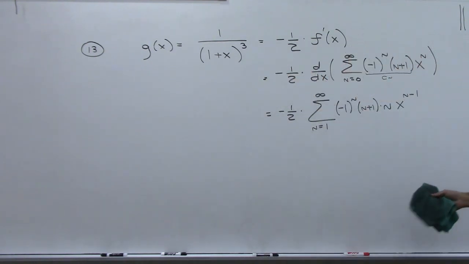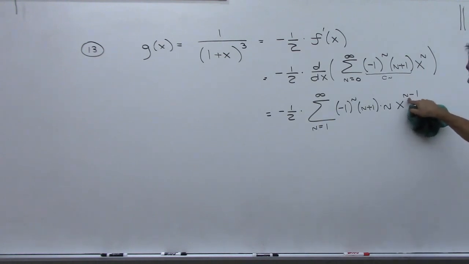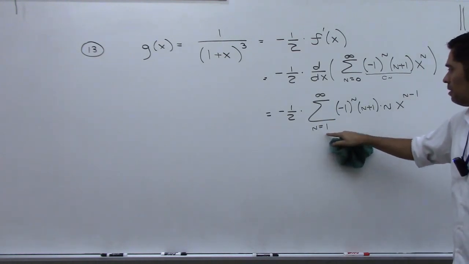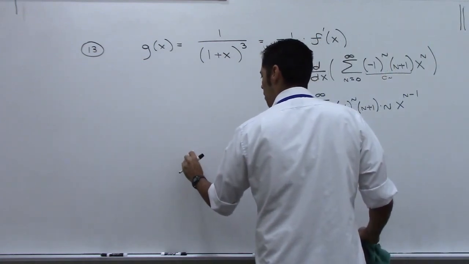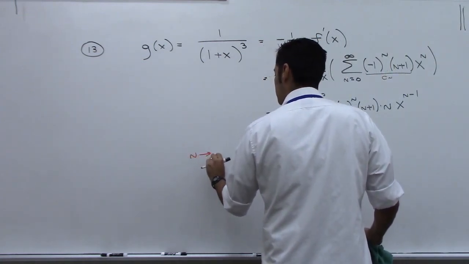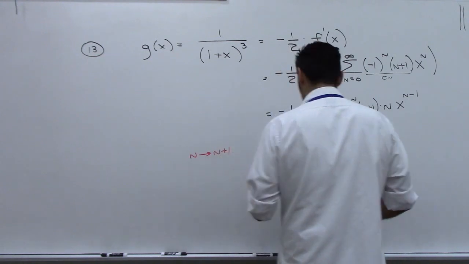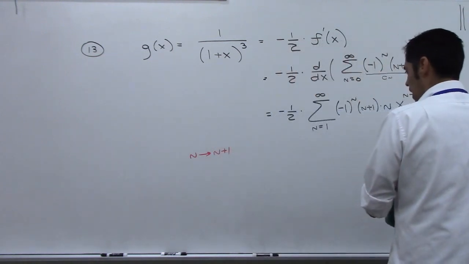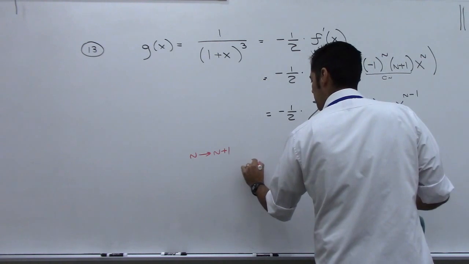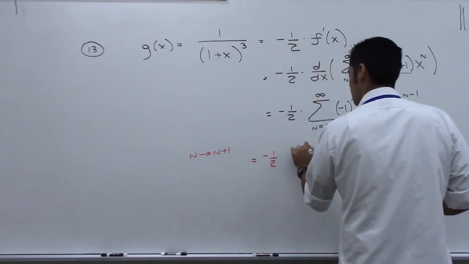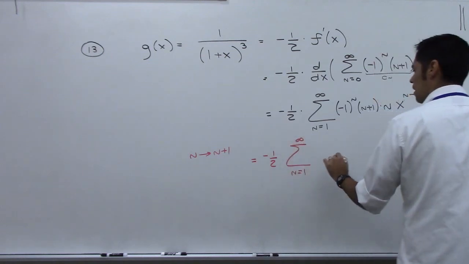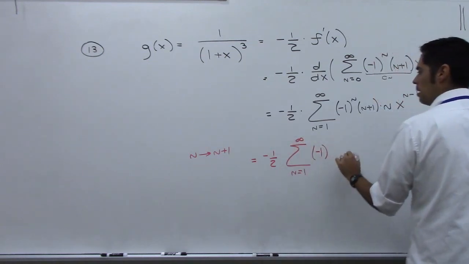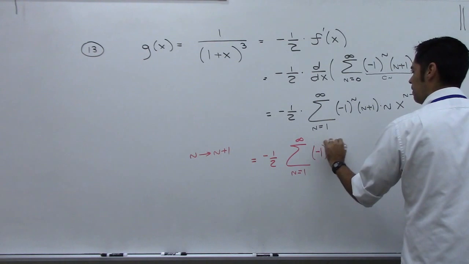Now again, what I'd like to do is try and get this to be an n and this to be a 0. So I'll do that same swap that we did earlier. I'm going to take all my n's and I'm going to replace them with n plus 1's. So let's rewrite this power series. This is negative 1/2 summation n equals 1 to infinity. Negative 1, I replace that with n plus 1.